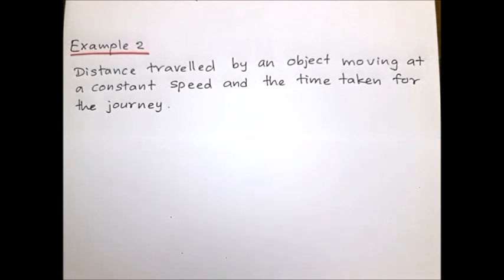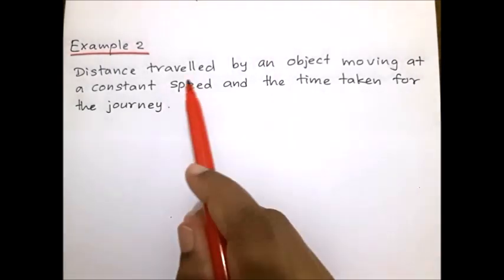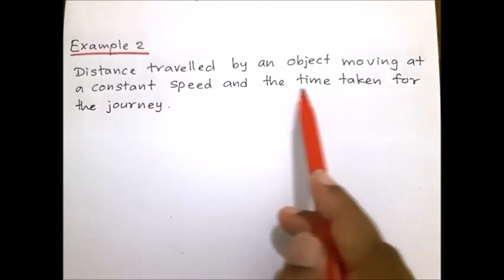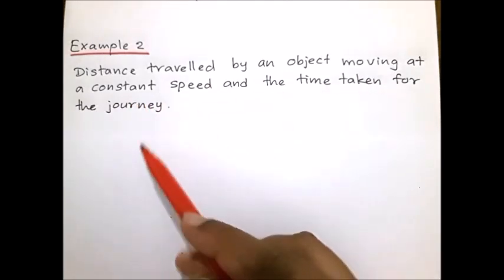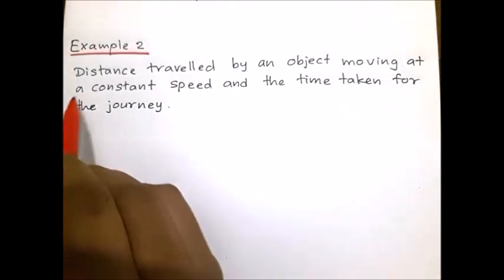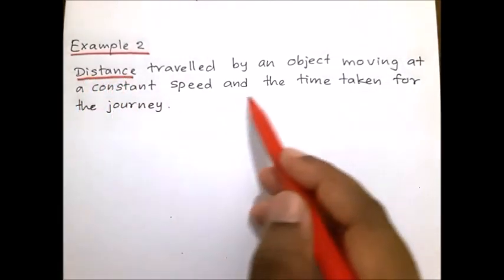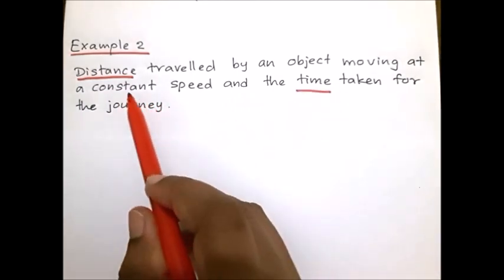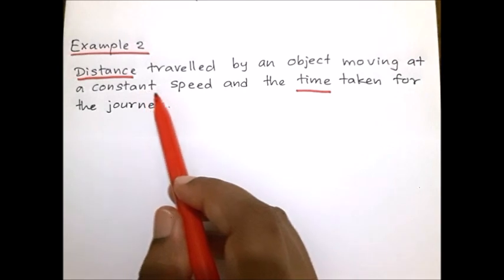Now look at the second example. Distance traveled by an object moving at a constant speed and the time taken for the journey. What are the two different quantities here? We can take one quantity as distance and the other one as time. The question says the vehicle travels at constant speed.